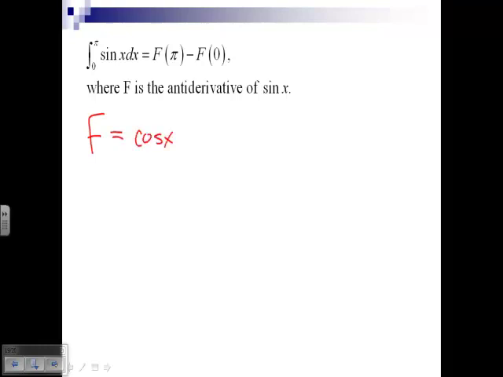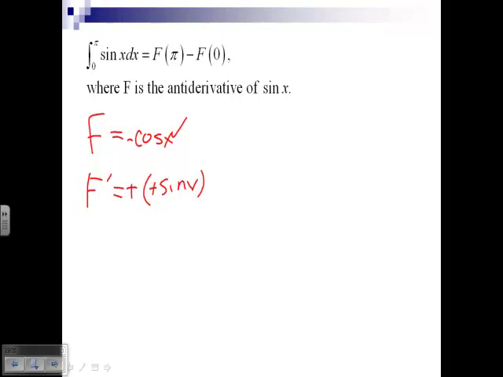Negative cosine of x. Because when I take the derivative of negative cosine of x, I get sine. Here, let me just write that up. F prime, negative, and then cosine is negative sine. Those two cancel, and I get sine. Okay, so I agree that that's the antiderivative.